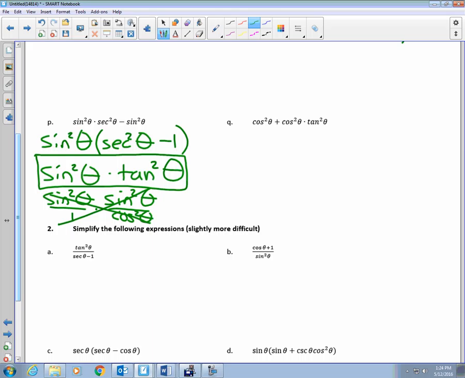So if you look at number 6, 1 plus tangent squared is secant squared. Let's try Q. What do I factor out? Cosine squared. Well, I'm sorry, so I take out a cosine squared.